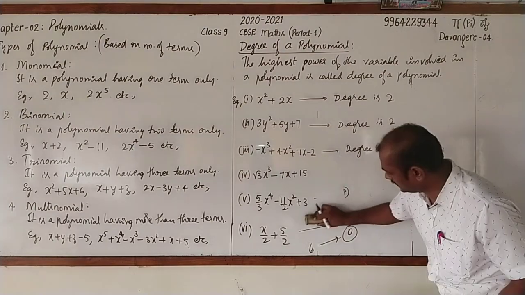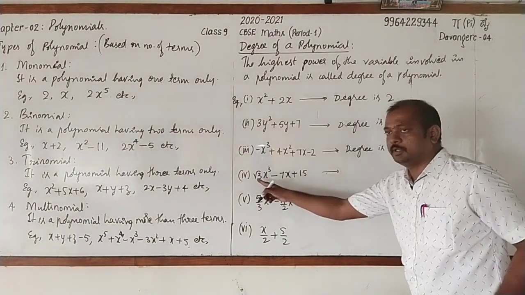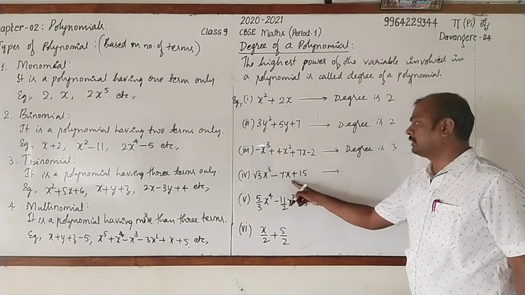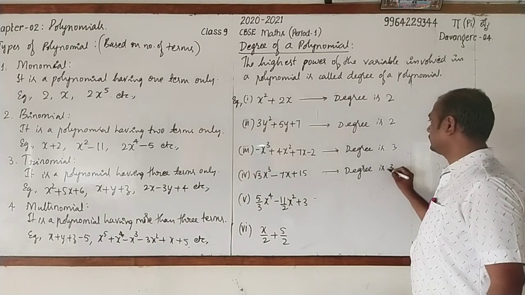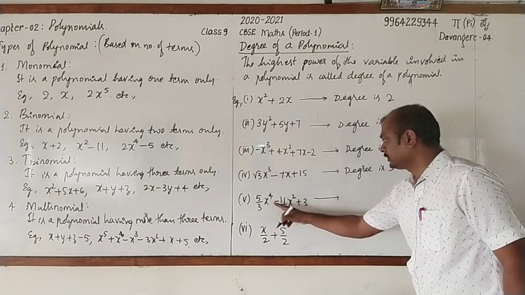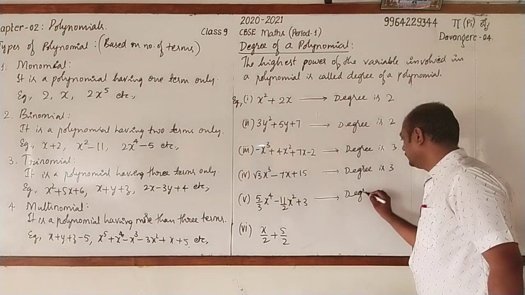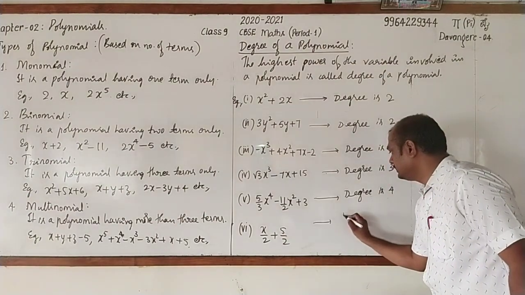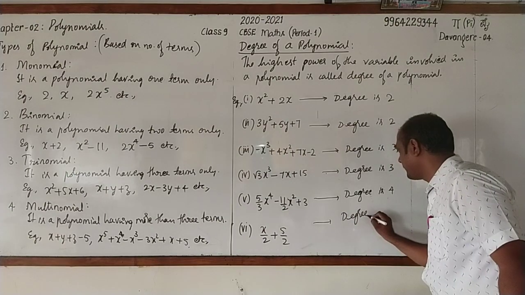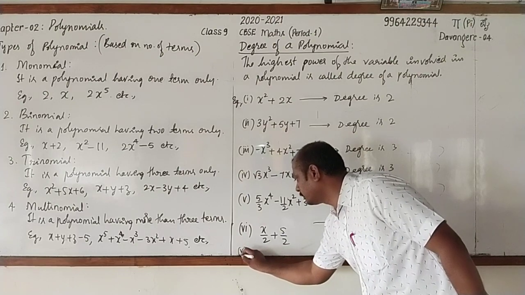And for the polynomial root 3x cube minus 7x plus 15, the degree is 3. Then this is degree 4. This degree is 1. I'll take one more example, 7th one.